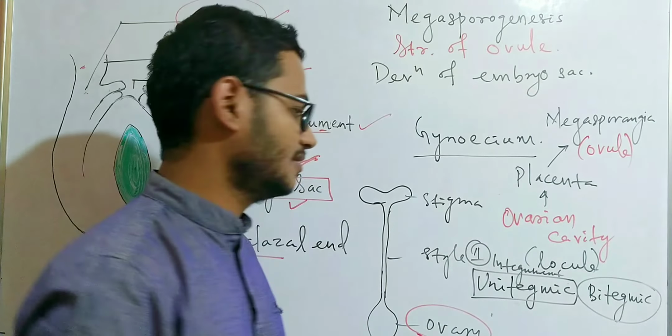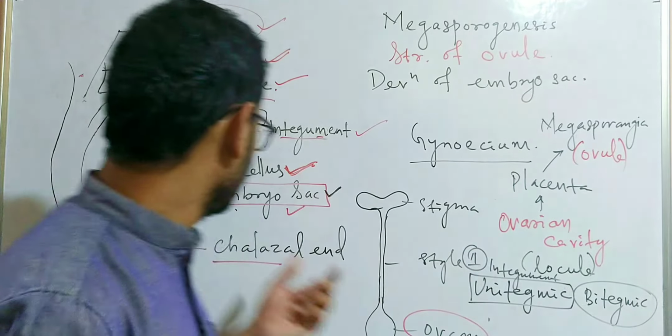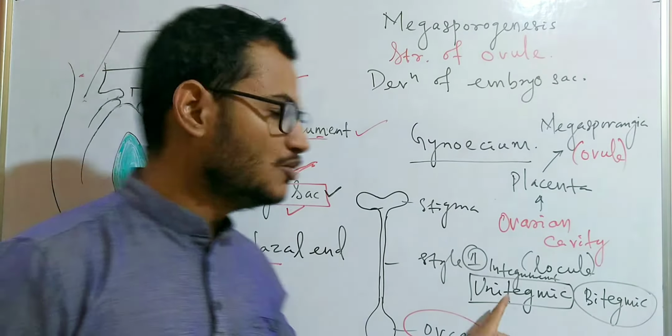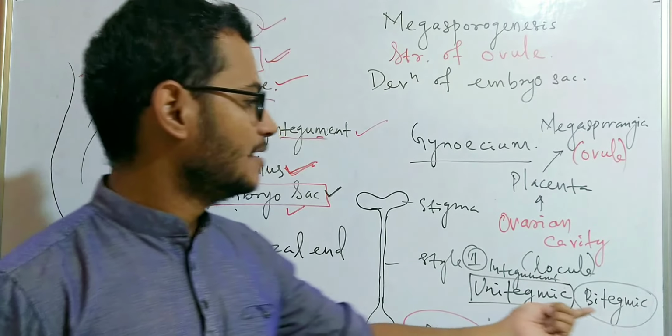So remember, when a single integument is present surrounding the embryo sac, it is called unitegmic, and when there are two integuments, it is called bitegmic.